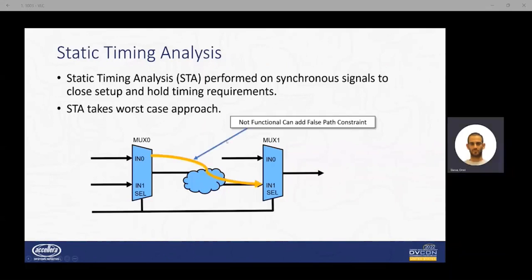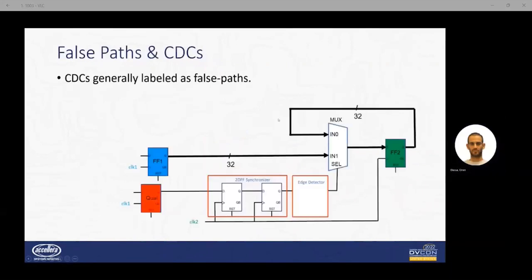So we can define something called a false path constraint, in order to let the STA tool know that this path is a false path. We don't need to make sure that we close timing over it. The issue with false paths and CDCs is that CDCs are generally labeled as false paths.